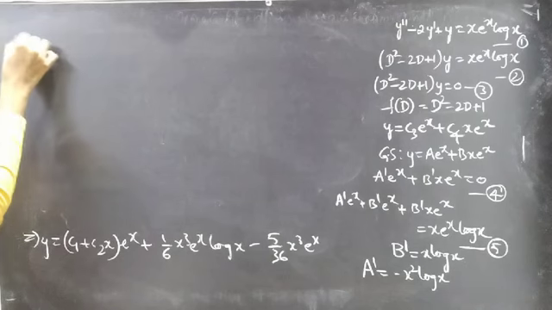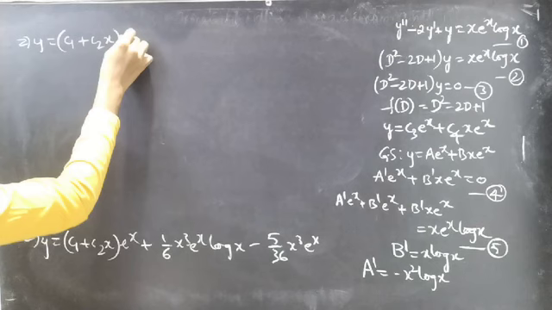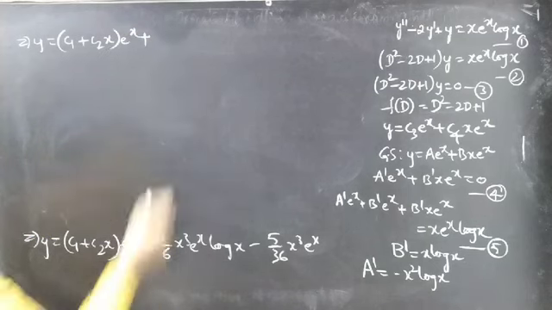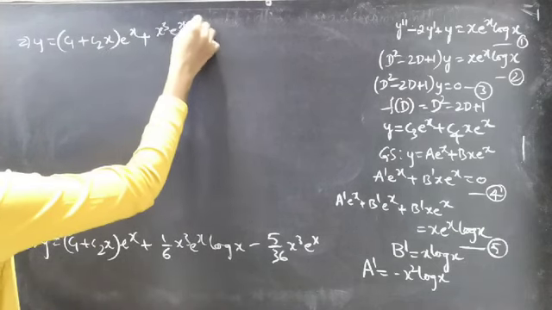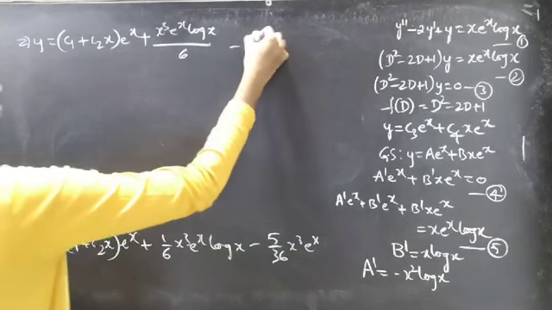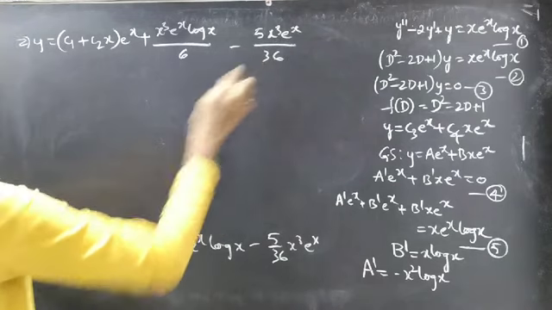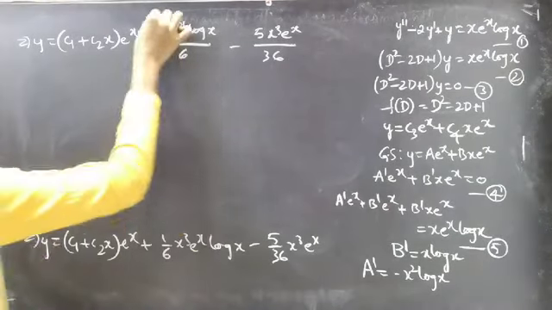Or we can write this as c1 plus c2 x, into e power x, plus x cube e power x log x by 6 minus 5 x cube e power x by 36. Now just take the LCM of 6 and 36.